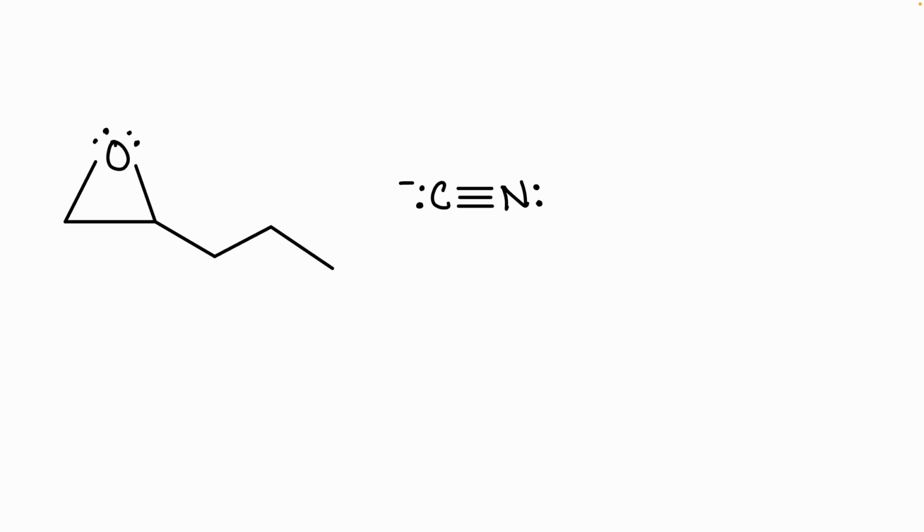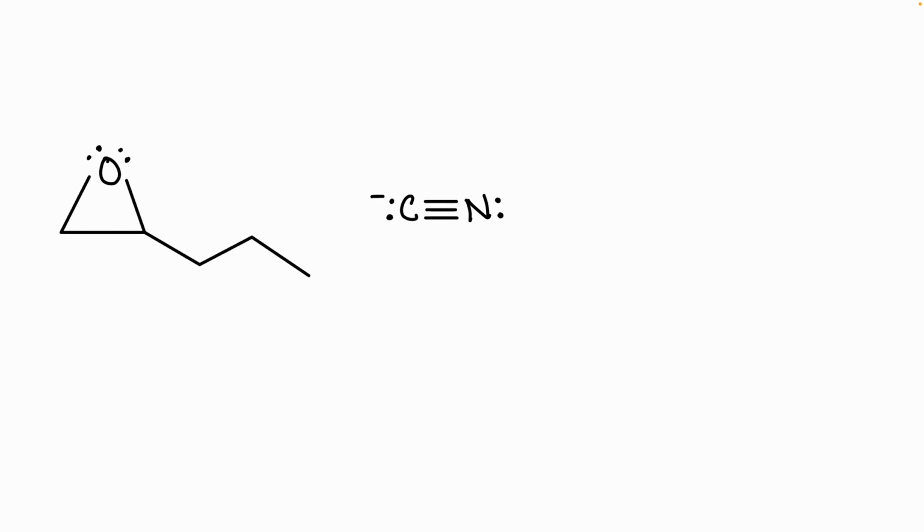And given this nucleophile here, what conditions must this reaction be under, acidic or basic? Basic, right? This is one of our basic nucleophiles. So for right now, we're going to be looking at our basic condition reactions.